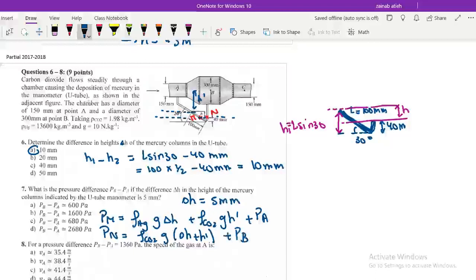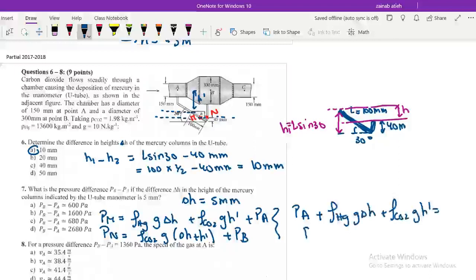وصلنا لعند البي. نحن عنا ال PM equals PN, so equating them you will get PA plus rho HG G delta H plus rho CO2 G H prime equals PB plus rho CO2 G (delta H plus H prime). هلا من الجهتين rho CO2 G H prime رح تطير من هون وهيدي من هون. اوكي لانه it's the same.